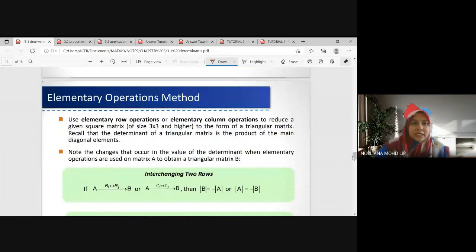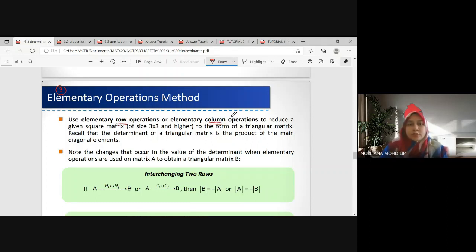The last method for matrix size 3 by 3 and above, we can use the elementary operation method. We can choose either the elementary row operation or the elementary column operation.